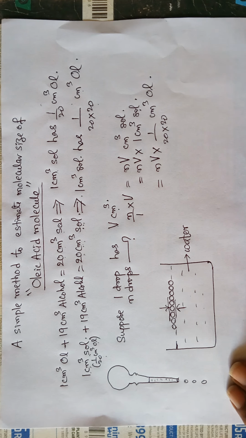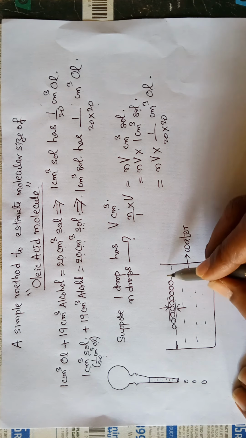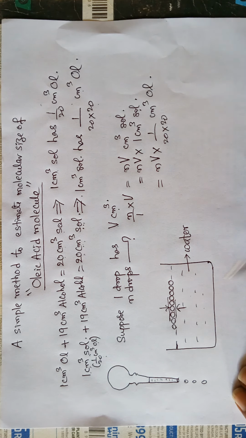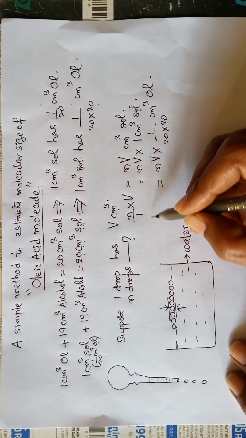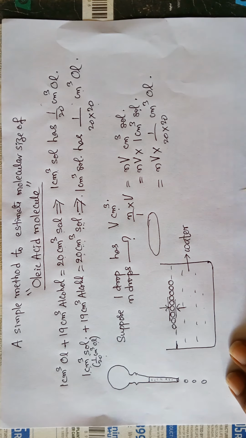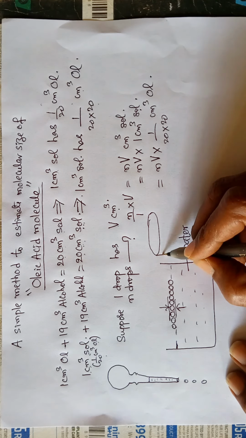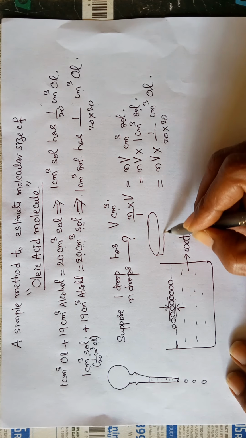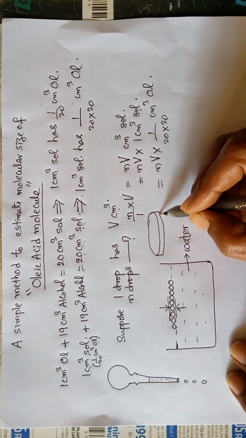See, when you pour the solution over the water, it will form a circle shape on the water surface. It will be like this, with this much thickness.